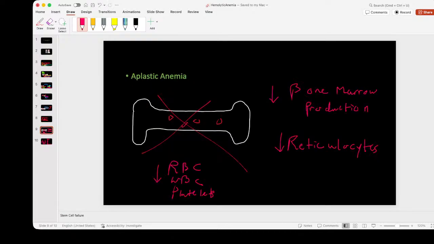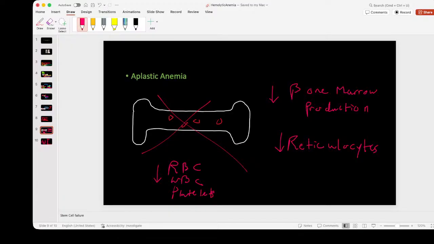The next thing here is aplastic anemia. That's essentially where the bone marrow is not able to function properly. It's not able to help in producing any type of cell, which is red blood cells, white blood cells, or platelets. And those things decrease, and that's very essential.